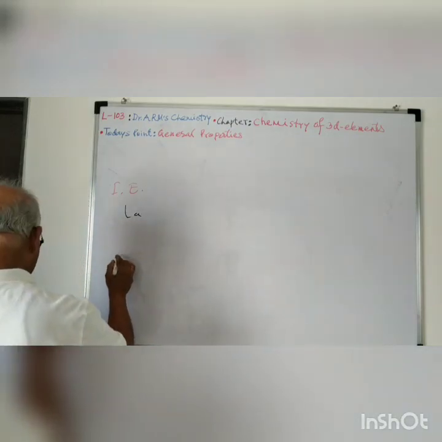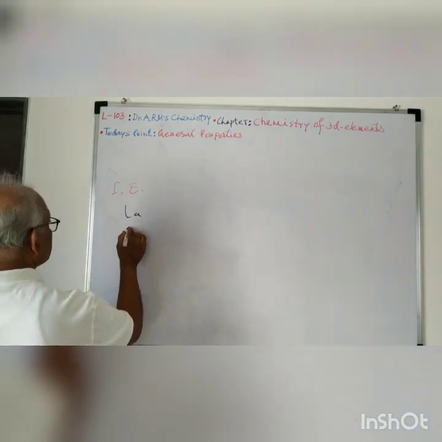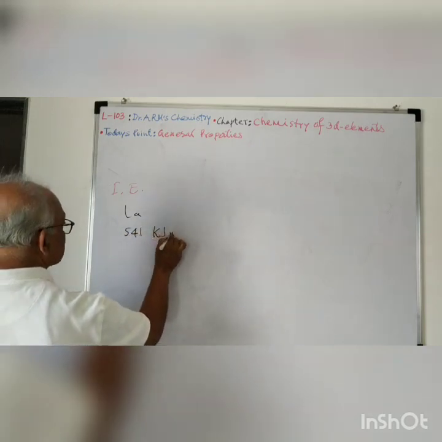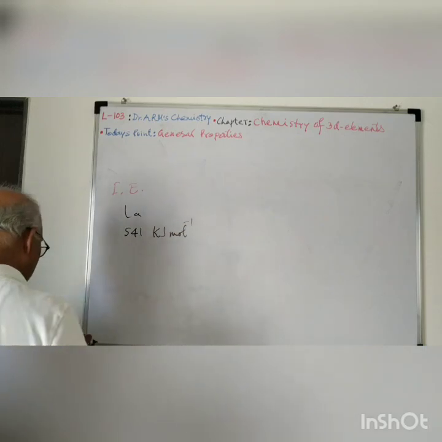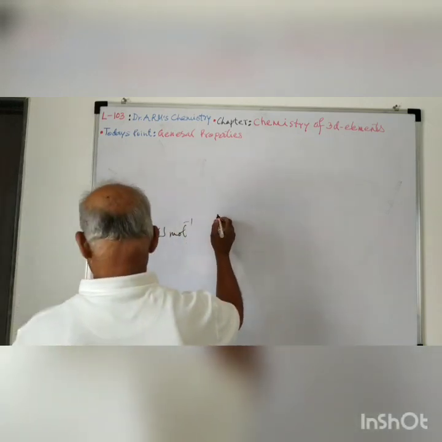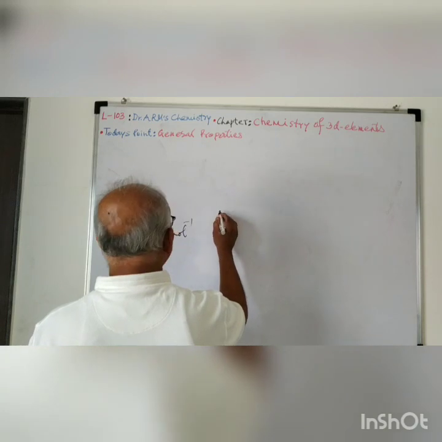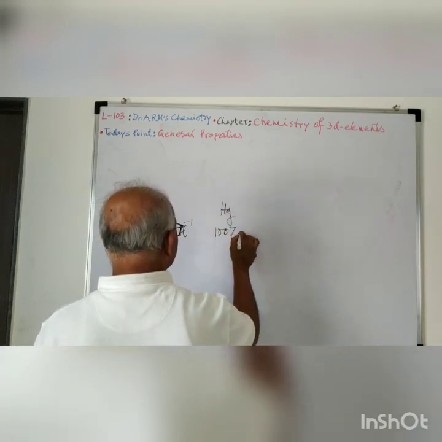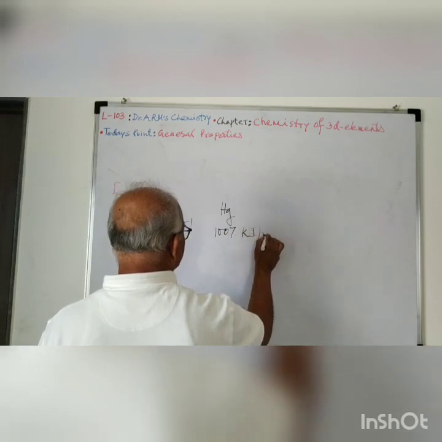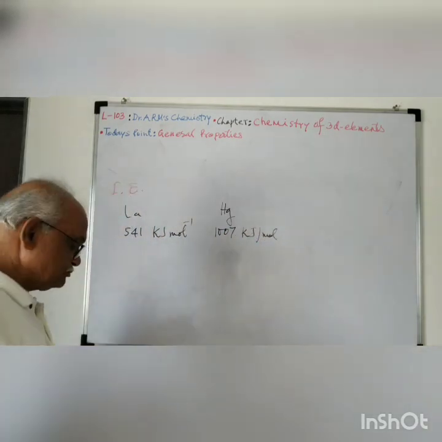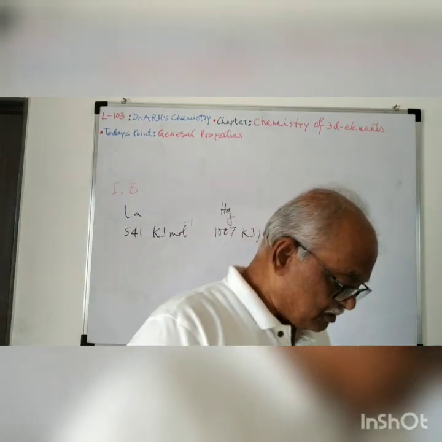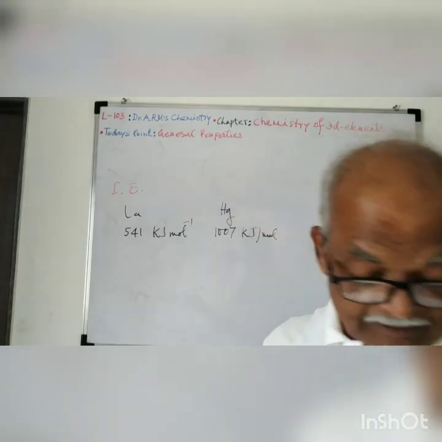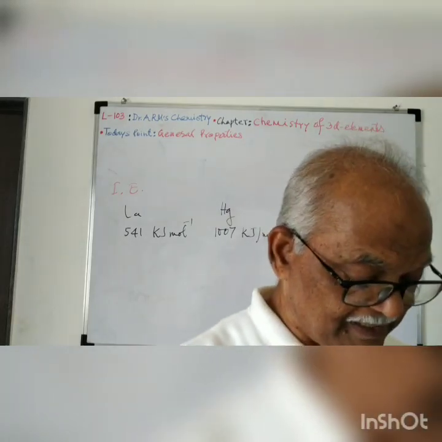In case of lanthanum, the ionization energy is 541 kilojoules per mole, and in case of mercury, this is 1007 kilojoules per mole. So in all, we can say that transition elements have very high ionization energies.